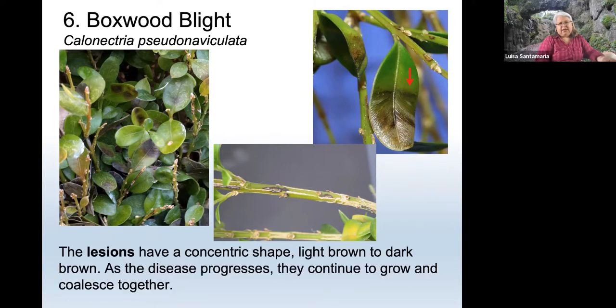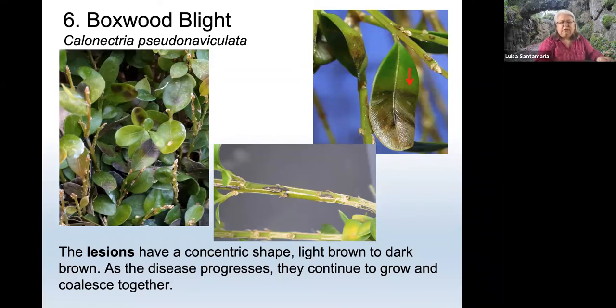As I said, it is characteristic to have concentric lesions that go from light brown to dark brown, and they can coalesce as the disease progresses. Also you can see part of the stems infected.